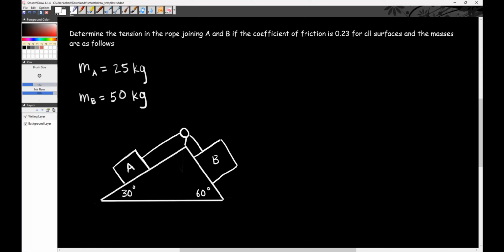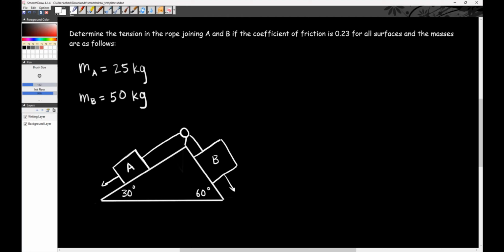So to figure it out, what we want to do is find the force of gravity that is acting on each box. So the force of gravity on A is going to be this way, and the force of gravity on B is this way. And whichever one is greater, that's going to be the direction in which it is accelerating.